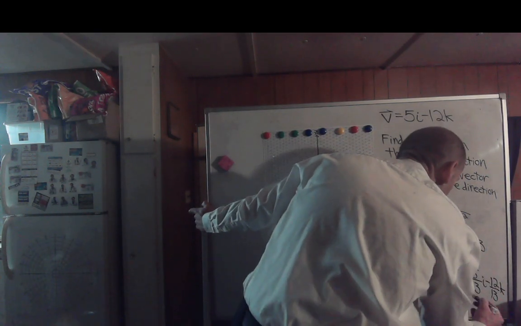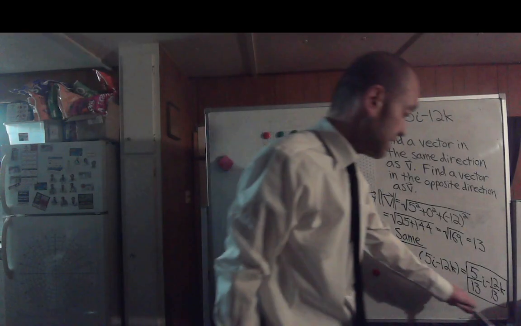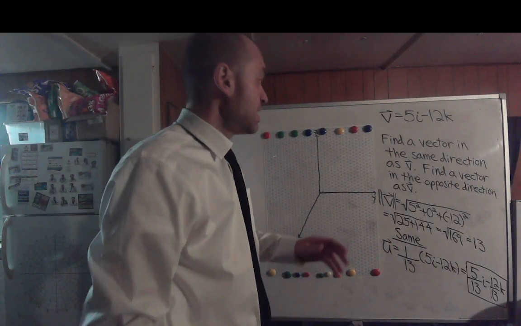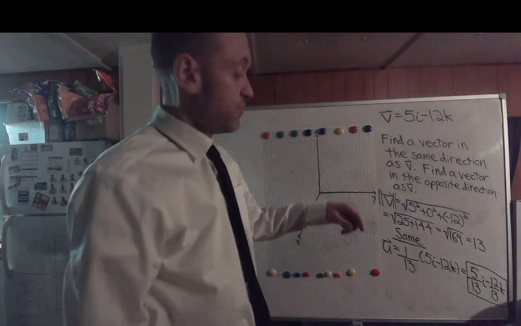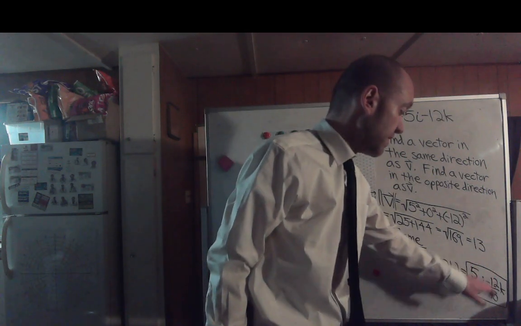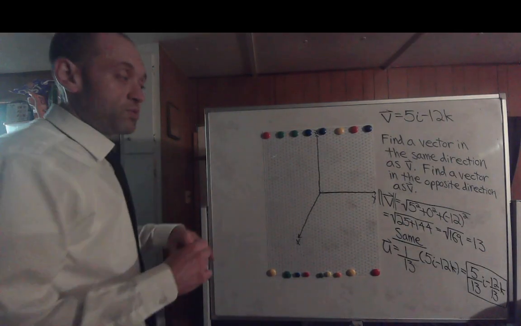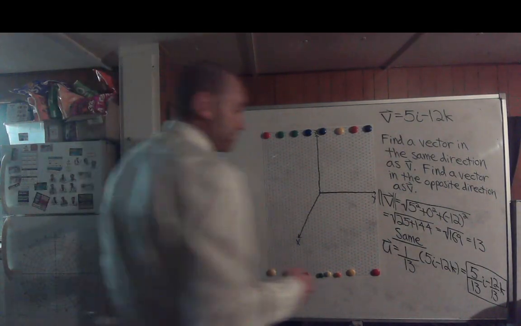I'll end up getting 5/13 i minus 12/13 k. So that would be my unit vector in the same direction as vector v. And then if we took the magnitude of this unit vector, it would in fact be 1. That's how you'll know you got the right answer.